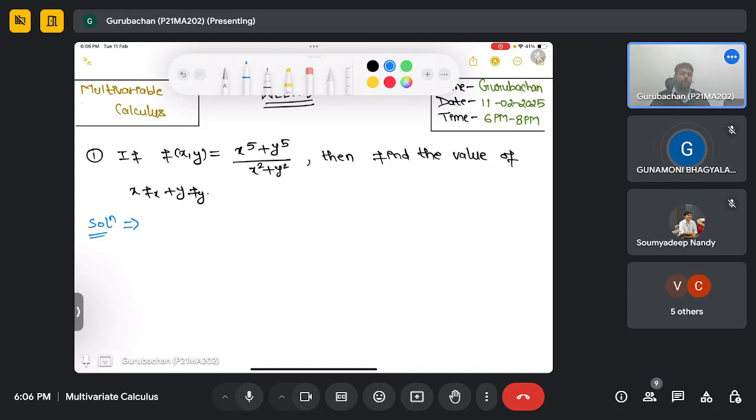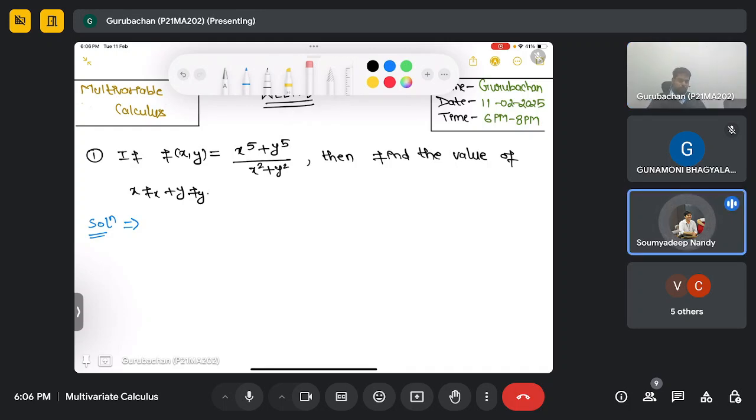How did you get that idea? It might be possible that you can partially differentiate f with respect to x or with respect to y. Why are you thinking about only Euler's theorem?